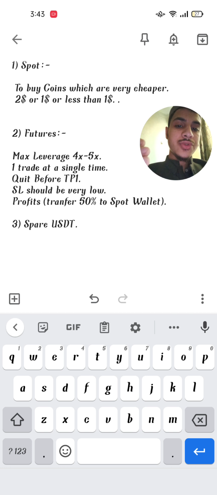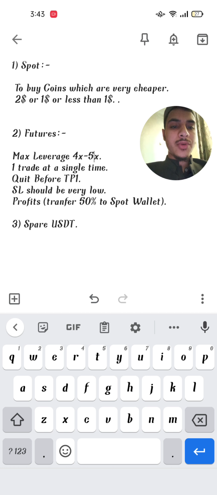Number two, you should keep your SL very low to the trade. For example, if you've taken a trade, the SL should be closer to your entry point. Fine. And when you start getting good green, you can take your stop loss into the profit, and you can raise it with time.